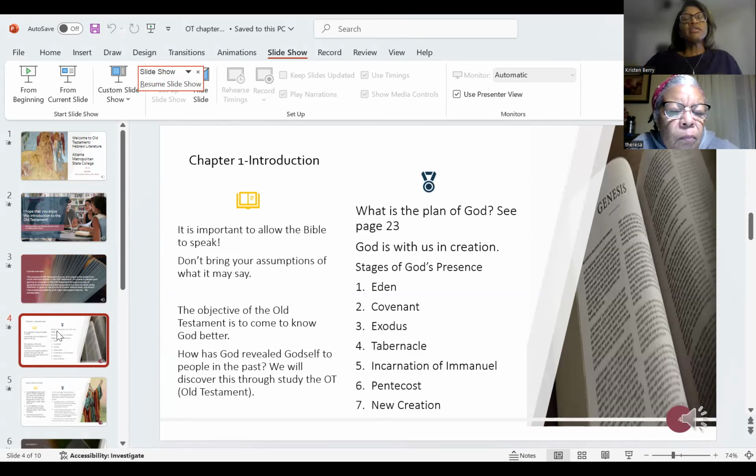When we do a brief introduction to the Old Testament, it's really important for students to allow the Bible to say what it says. Many times people bring their own assumptions of what they think a text is going to say, but just let it say what it says. The objective of Old Testament reading is that we get to know God better.